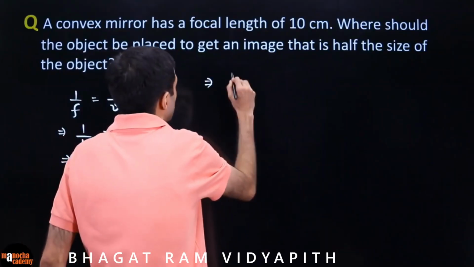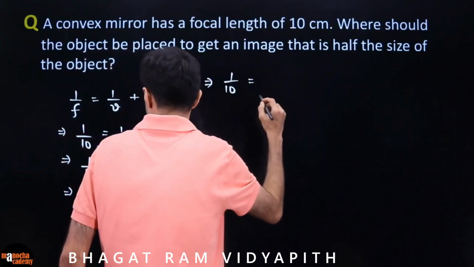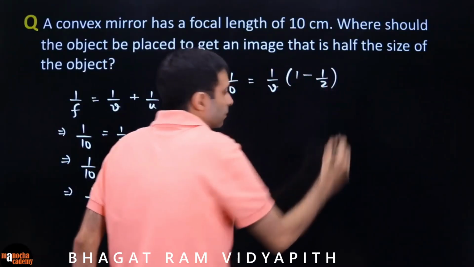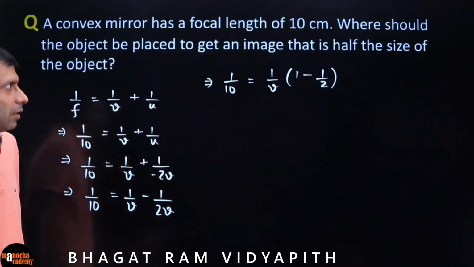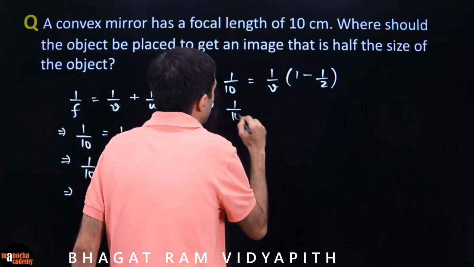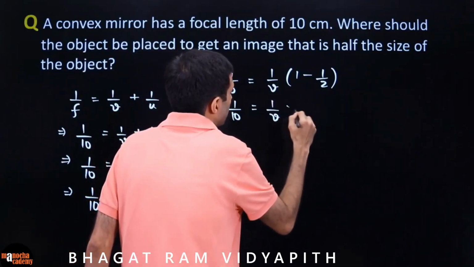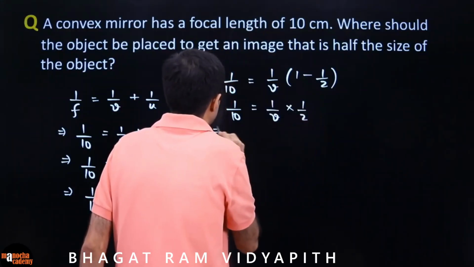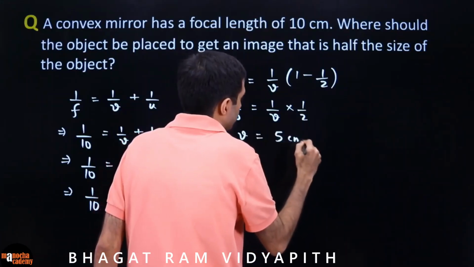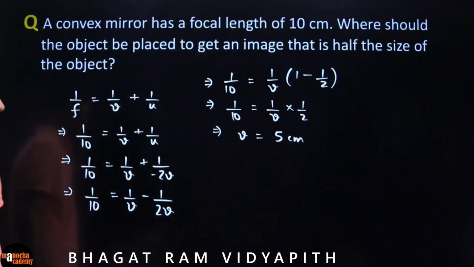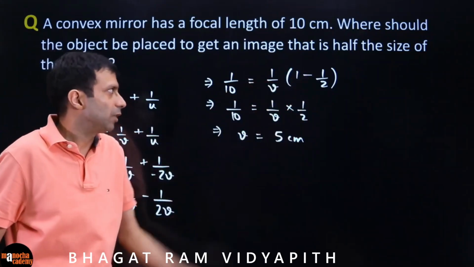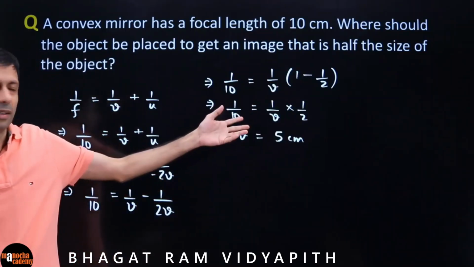So the smart way of solving this is 1 by 10 is 1 by v, and this becomes 1 minus a half. Yes. So 1 minus half is nothing but half. So 1 by 10 is nothing but 1 by v times half. So v is nothing but 5 centimeters. Clear? So I just took the 1 by v in common. I was left with 1 minus half, which is half. So v is 5 centimeters because 2v is 10.